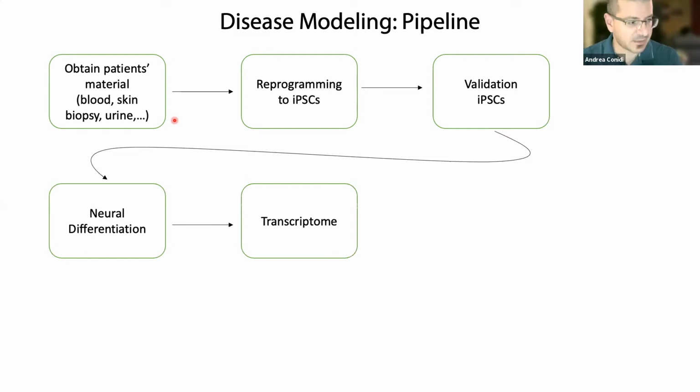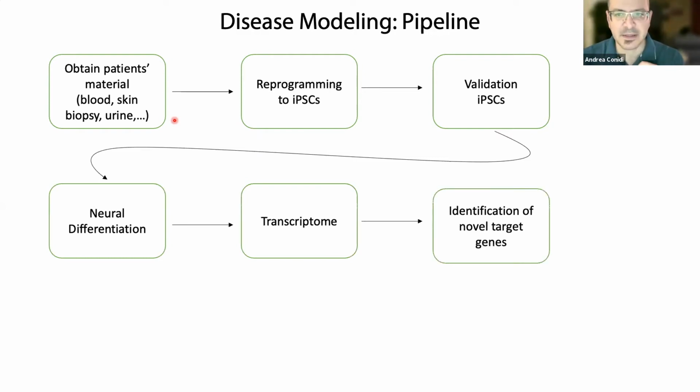We obtain a transcriptome for these cells, and we could identify a signature, so genes that are commonly misregulated, and we know that then these genes are actually targets of ZEP2, and they are deregulated. And we could then define a Mowat-Wilson gene signature, so a gene signature that is present in different patients with Mowat-Wilson.